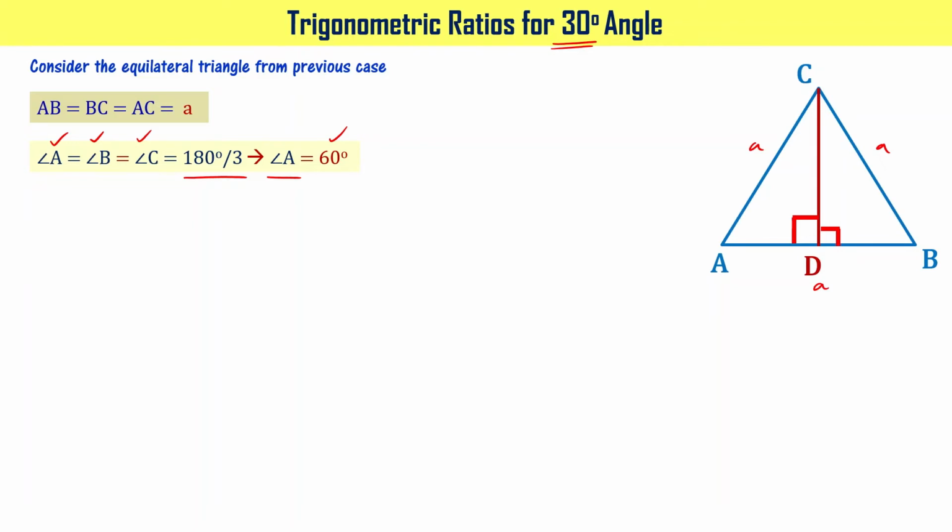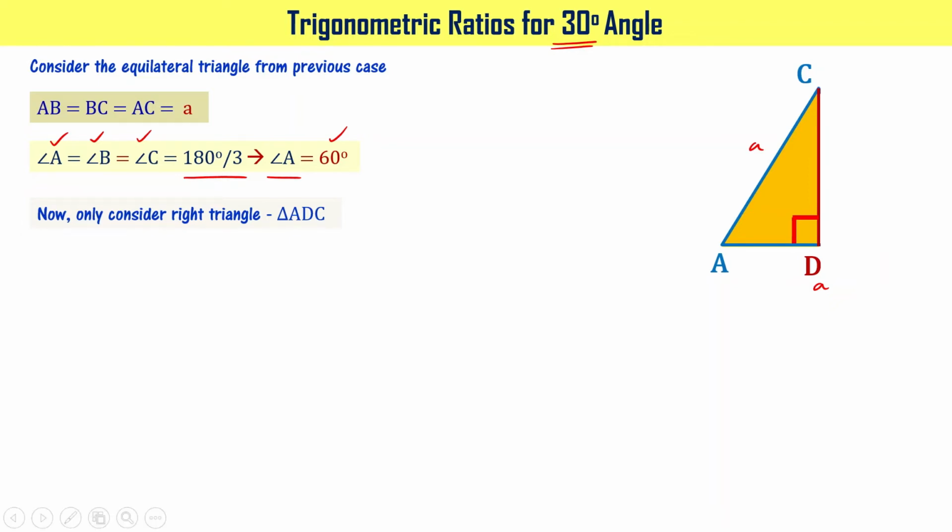Now, we have seen that when you draw a perpendicular line CD, it is going to divide the triangle into two equal right angle triangles, right? Now let us consider only one right angle triangle, that is triangle ADC, which is shown in the figure with yellow color, right? We are not going to look at the other part of the triangle. Once you consider only the triangle in orange color, what you have here is a right angle triangle, right?